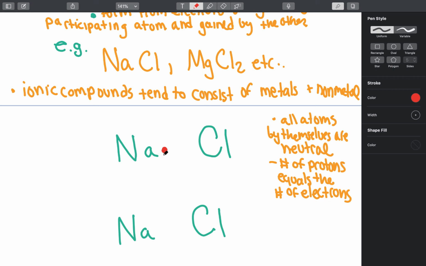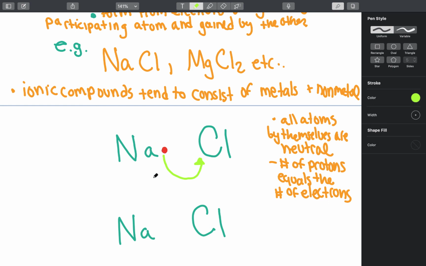The metal wants to get rid of this lone electron, and chlorine really wants this electron. So what happens? Well, the sodium, when it interacts with the chlorine, gives its electron to the chlorine.